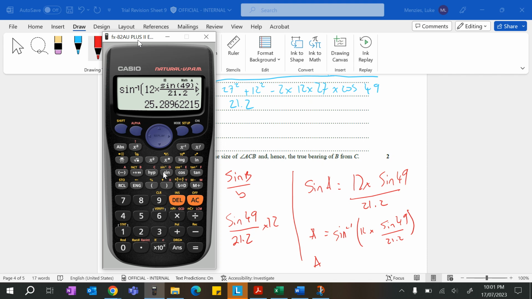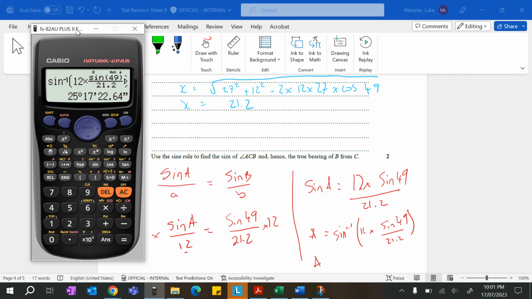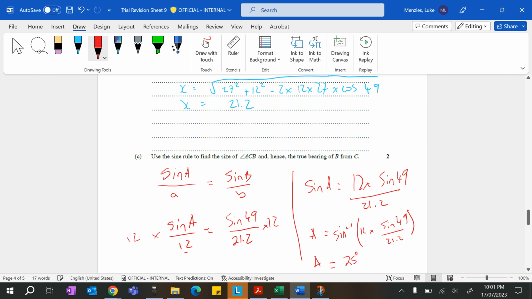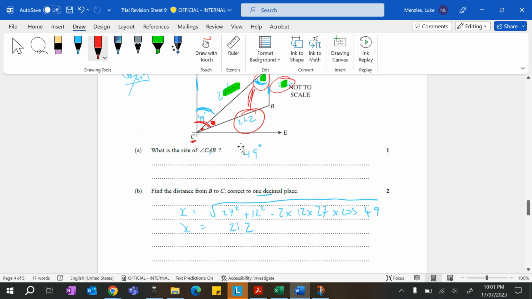So 25, and I'm going to put in degrees, minutes, seconds because we're talking about bearings in a second. So that is 25 degrees, 17 seconds. Okay, so that was the size of my angle over here.